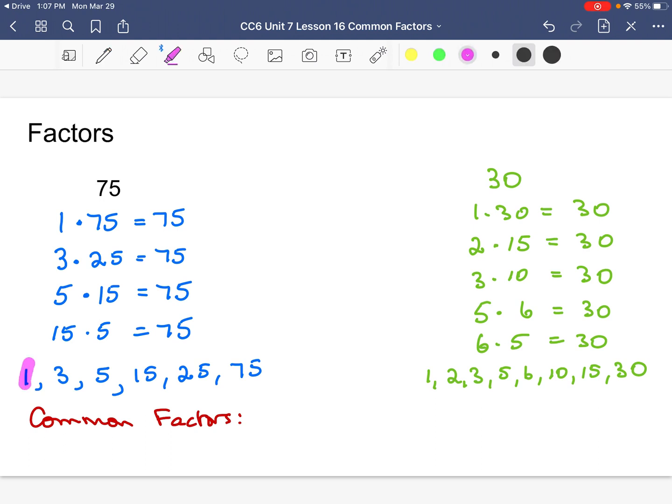So 1 is a common factor of both of them. 3 is a common factor. 5, 15, and then 25 and 75 are not common factors, and looking under 30, 2, 6 and 10 and 30 are not common factors. So the common factors are 1, 3, 5 and 15.